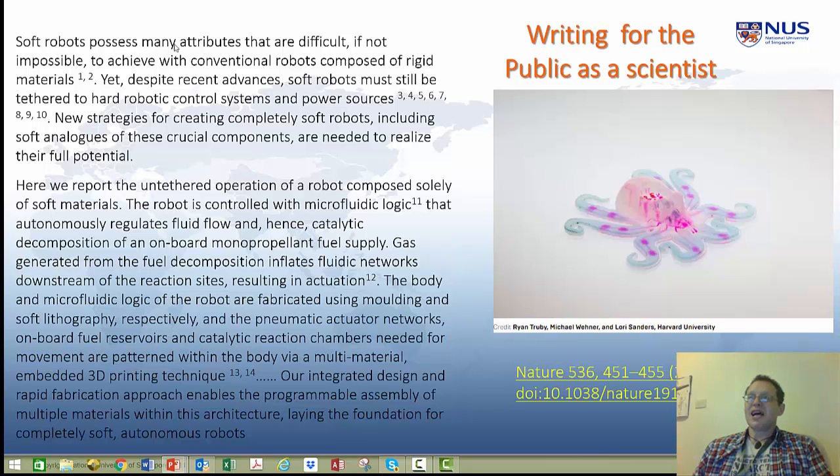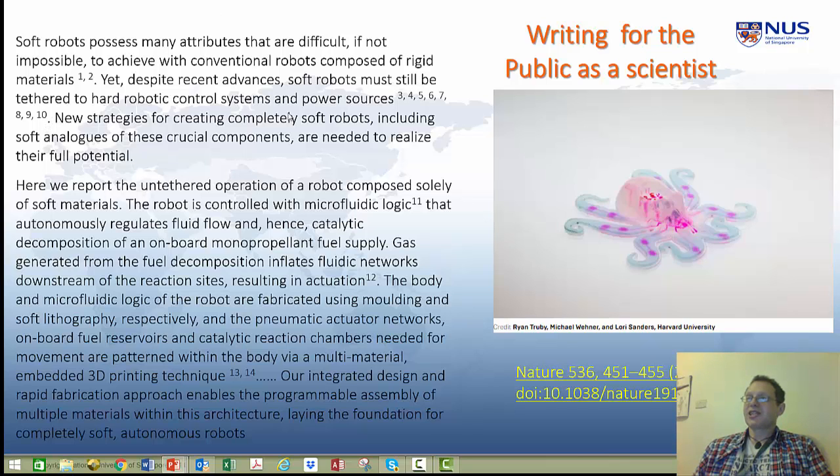Soft robots possess many attributes that are difficult, if not impossible, to achieve with conventional robots composed of rigid materials. Yet despite recent advances, soft robots must still be tethered to hard robotic control systems and power sources. So a bit of context, and that is what we've got.